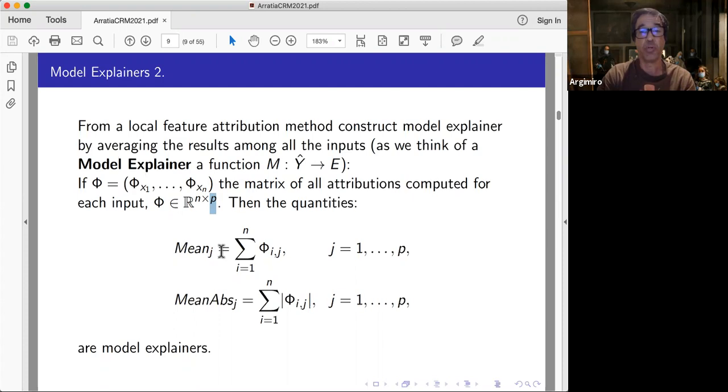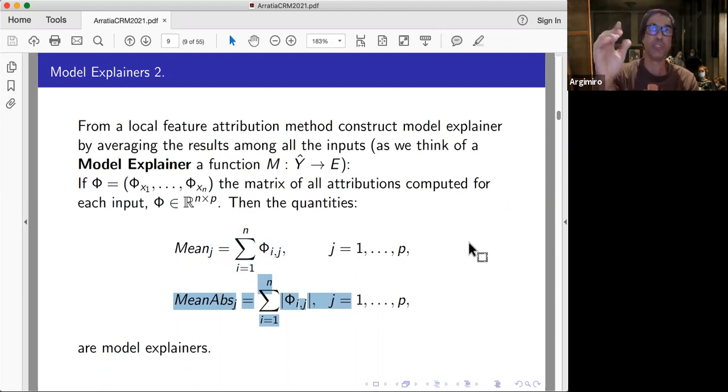And then for each one of these features, from j equals 1 to P, I compute the full contribution to the model by taking the mean of those values that I got for all the inputs where I computed my contribution, say Shapley value, or either the mean or the absolute mean value of this contribution. So that will be the model explainer built from these local attribution methods.